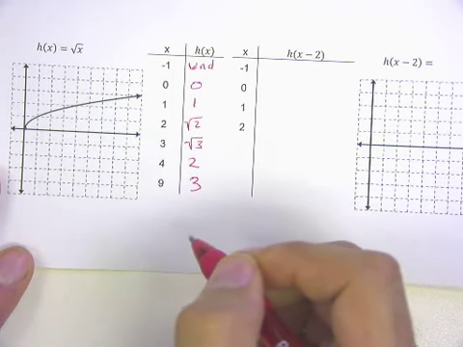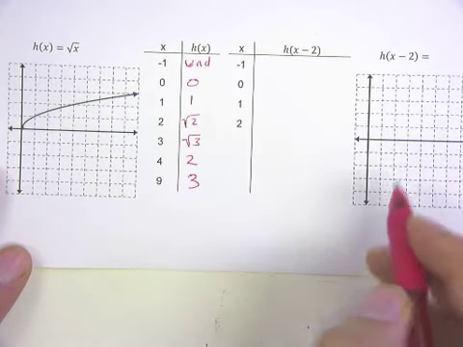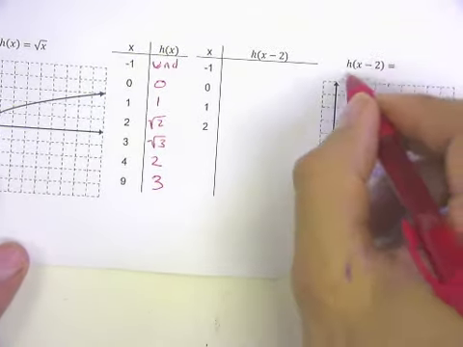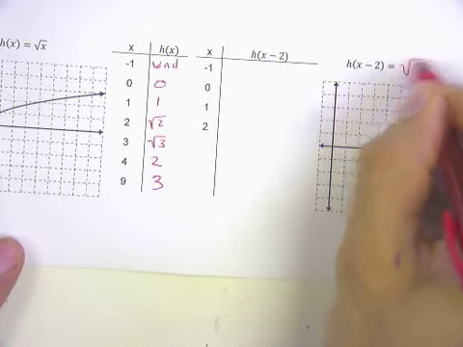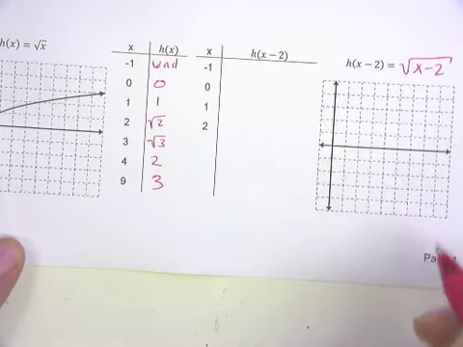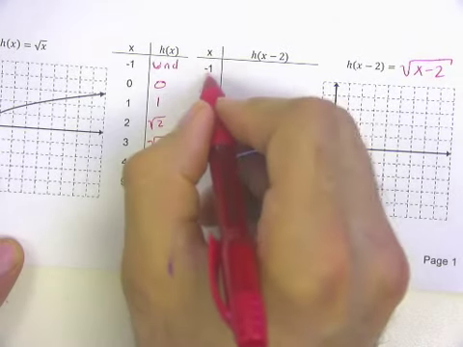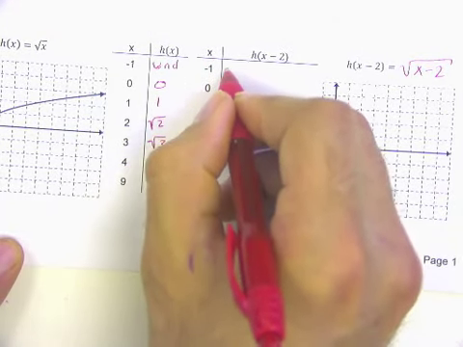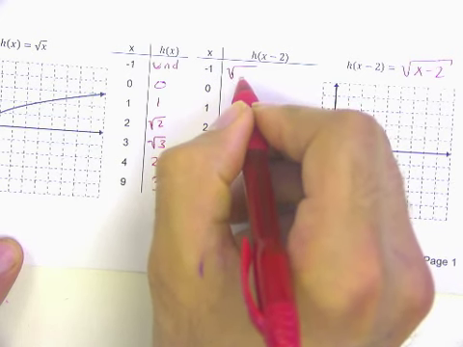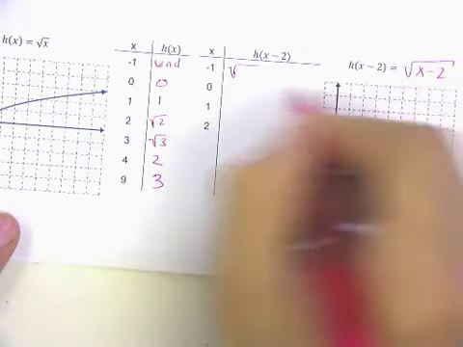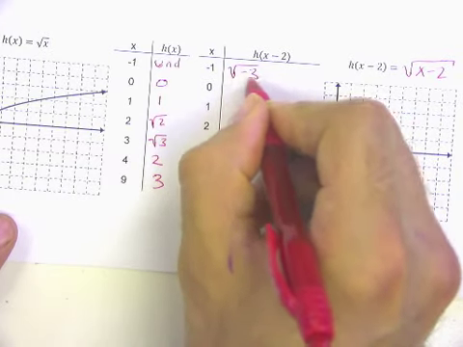So, how are these going to shift around the coordinate plane if we subtract 2 from x before we take the square root? This h of x minus 2 would be the square root of x minus 2. So we're subtracting 2 before we take the square root. What that means is that when we input -1, we would end up with the square root of -1 minus 2, which is -3.